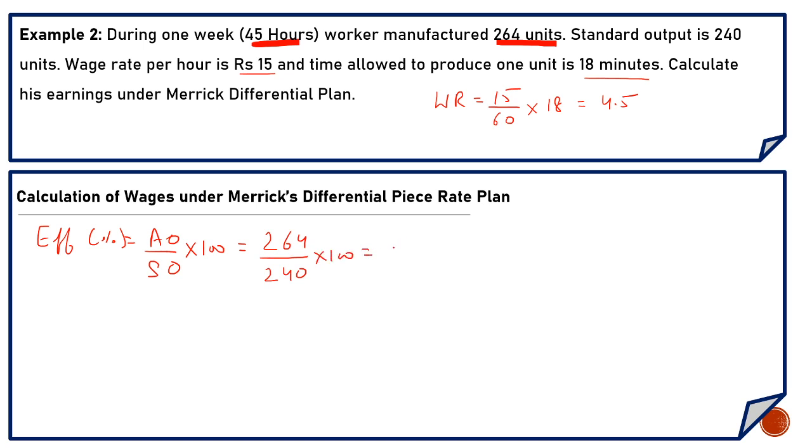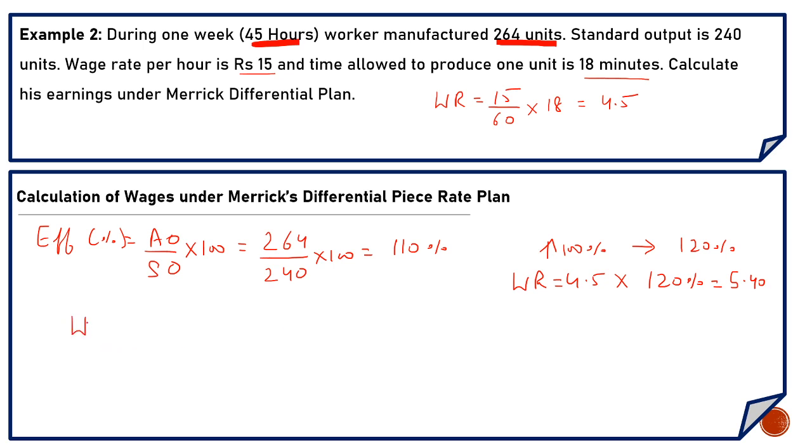So his efficiency according to Merrick plan is 110%, that is more than 100%, and if the efficiency is more than 100%, then the worker is eligible for 120% of wage rate per unit. Here wage rate per unit is 4.5 and 120% of 4.5 is 5.4 rupees per unit.